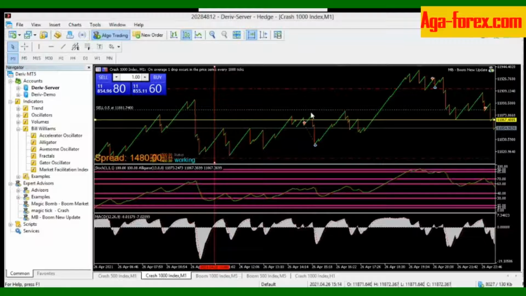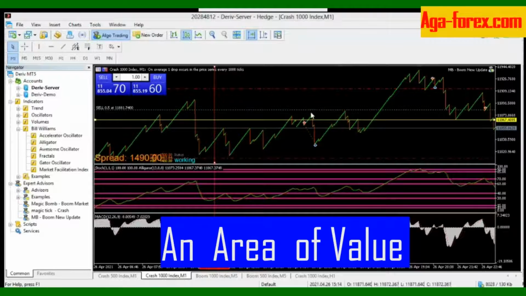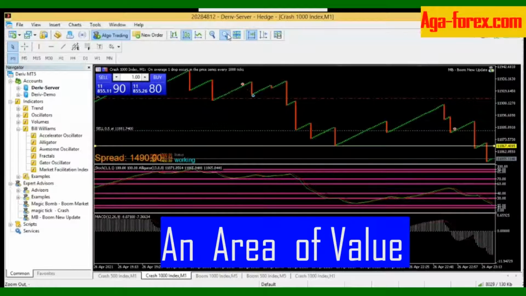Those that understand what I mean by an area of value in my last videos, did you see the reason why this market reacts to this place now? Live.